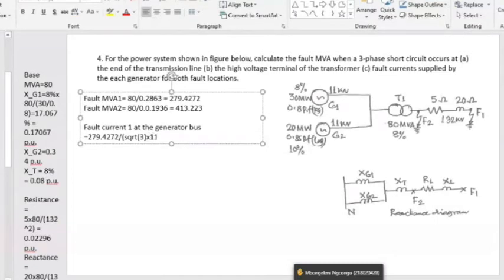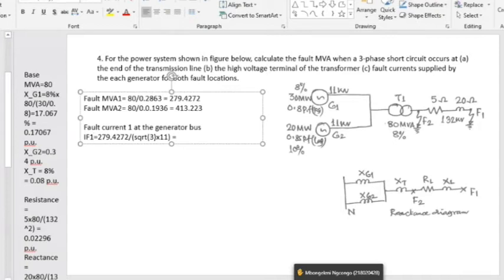The voltage at the generator bus is 11 kV. So you calculate this fault current, which we call IF1, fault current 1 at the generator bus.